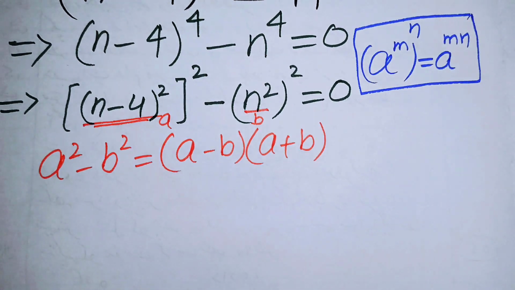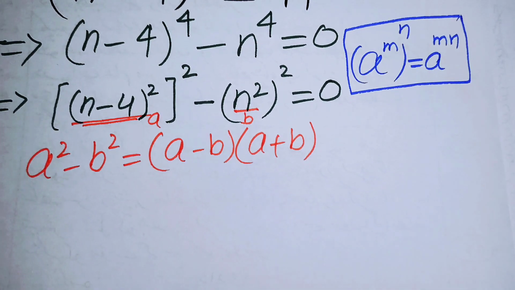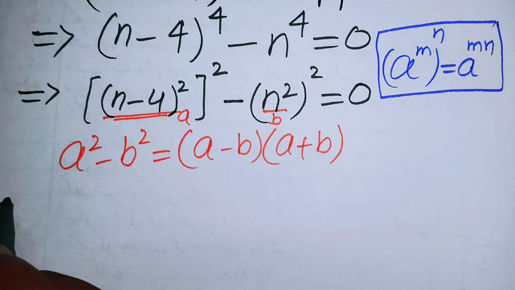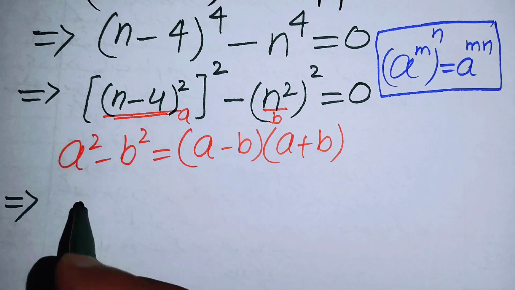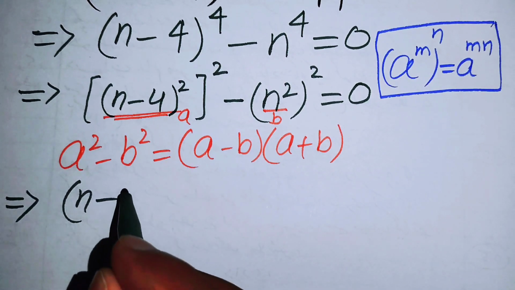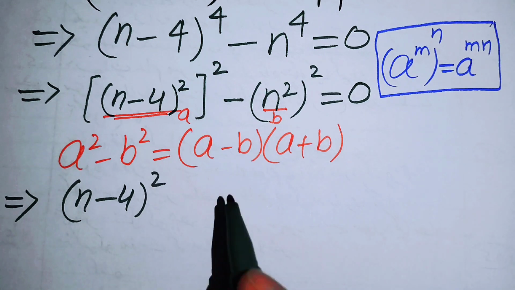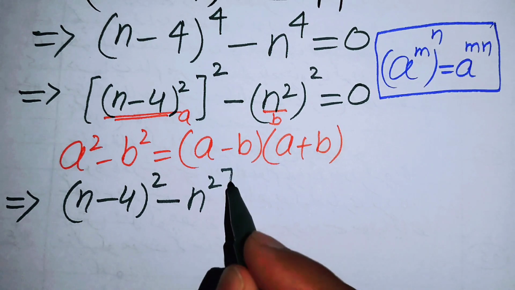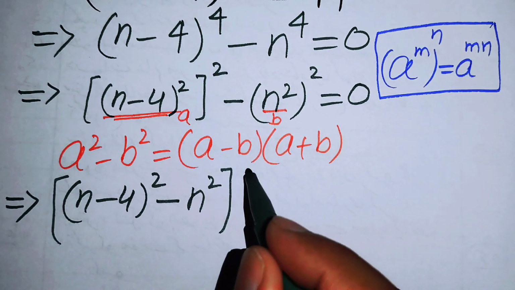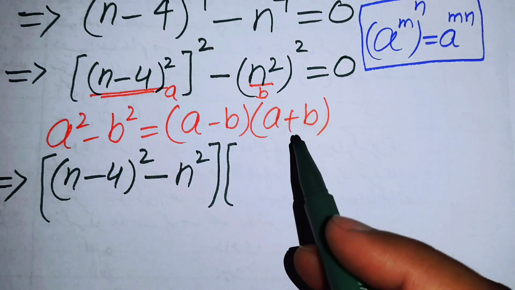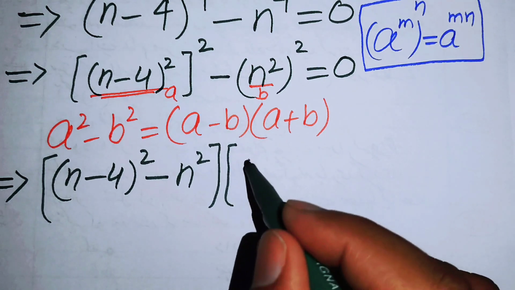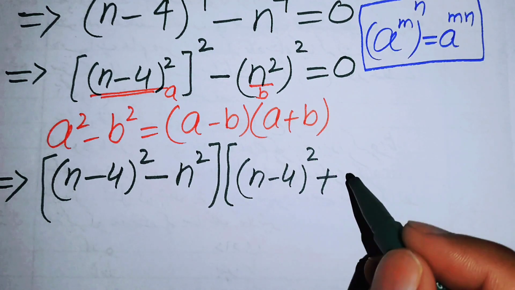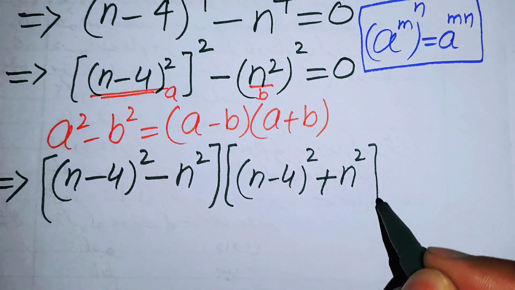So here we have a squared minus b squared, which is equal to a minus b times a plus b, so the value of a is (n minus 4) squared minus the value of b is n squared. So this is the first factor, and similarly we can write the other factor, which is a plus b, where the value of a is (n minus 4) squared plus the value of b is n squared is equal to 0.